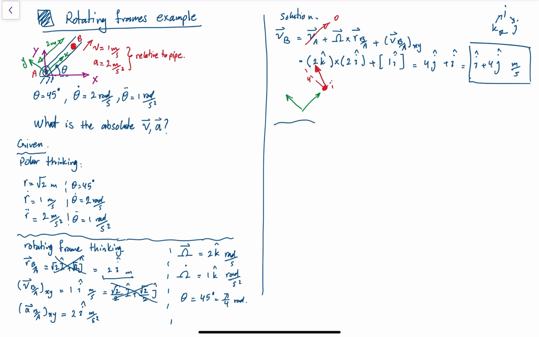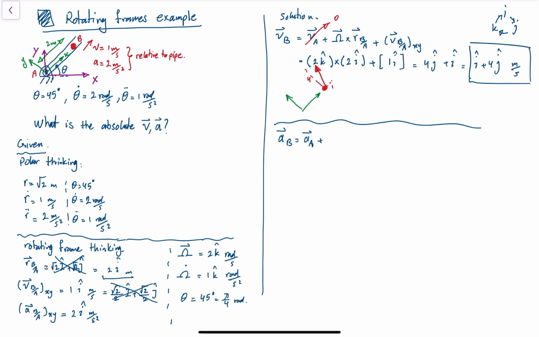Okay, we can do the same thing for acceleration. Acceleration of B is the acceleration of A, the base, plus a bunch of terms related to rotation.